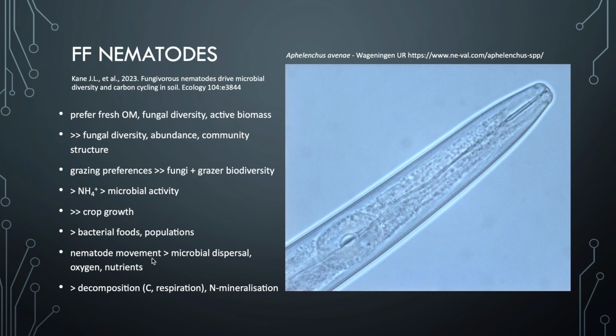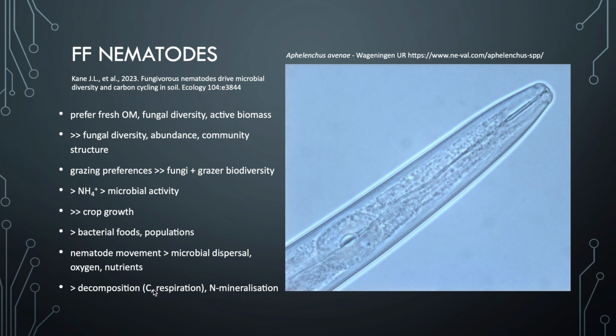The movement of nematodes in the soil increases microbial dispersal as some of the microbes move with the nematodes. It also increases oxygen supply to the soil and nutrients as these nematodes release those excess nutrients as they feed on fungi. So by default, all of this means that fungal feeding nematodes increase decomposition of organic matter, and that means that they affect carbon cycling, respiration of soil due to the increased microbial activity, and nitrogen mineralization.